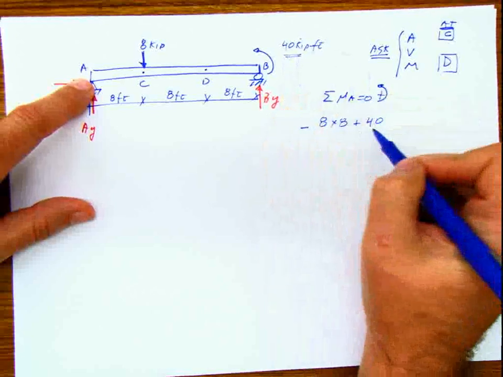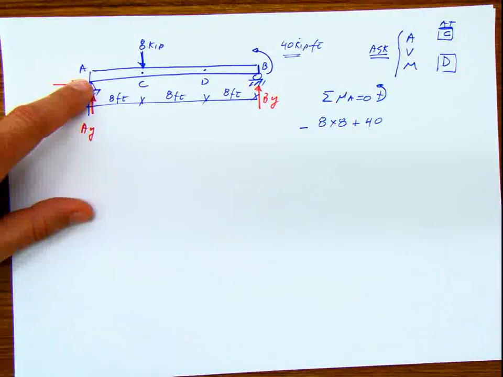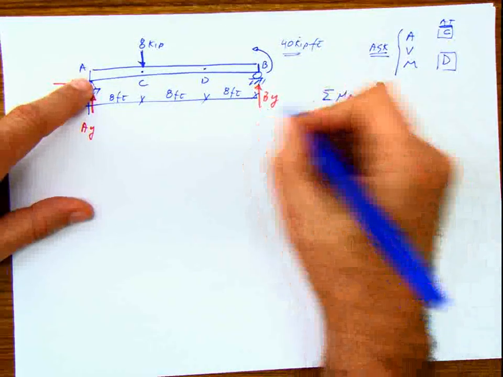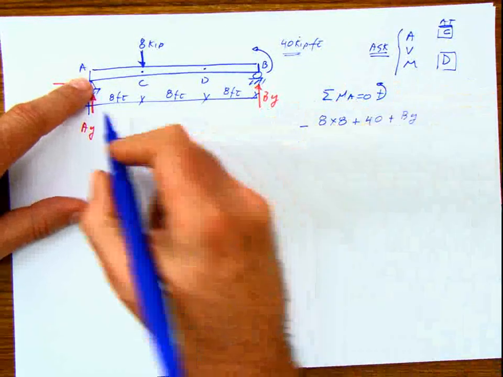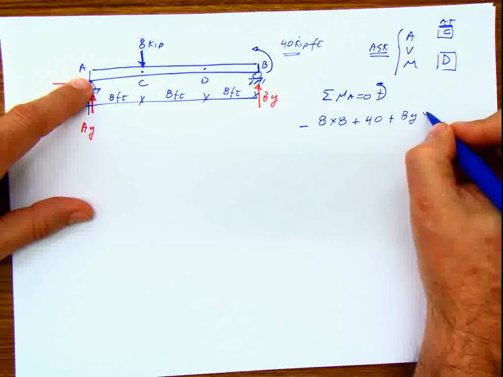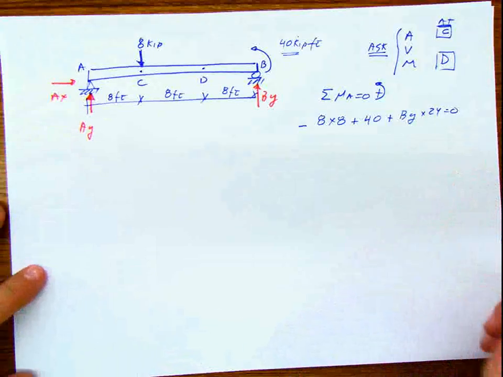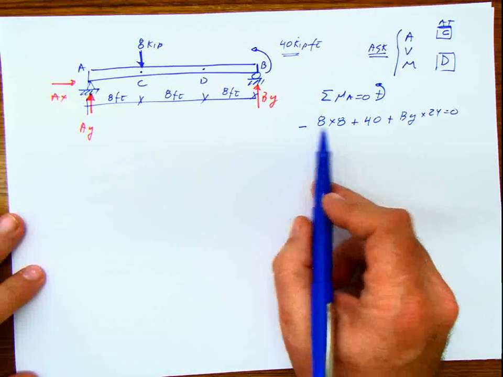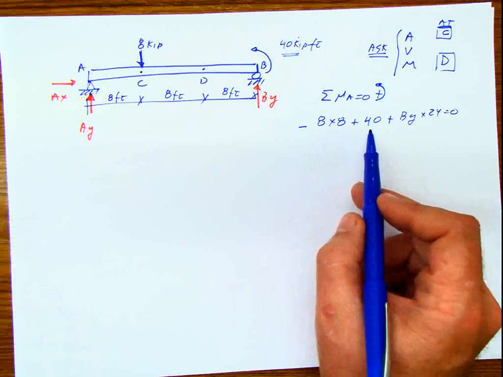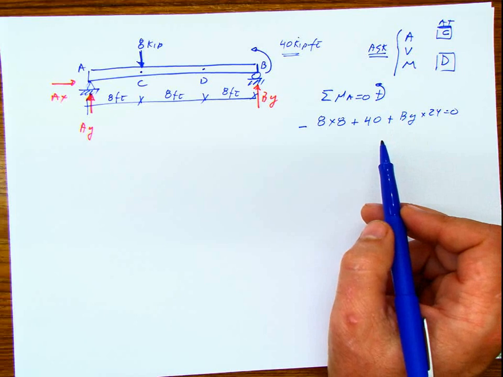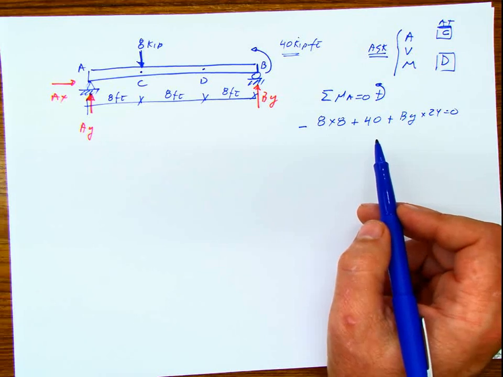I don't have to multiply by any distance because the moment already happened. Plus this force BY times 24 equals 0. If I solve that, this is negative 64 plus 40, that's negative 24, so negative 24. So BY is going to be 1.